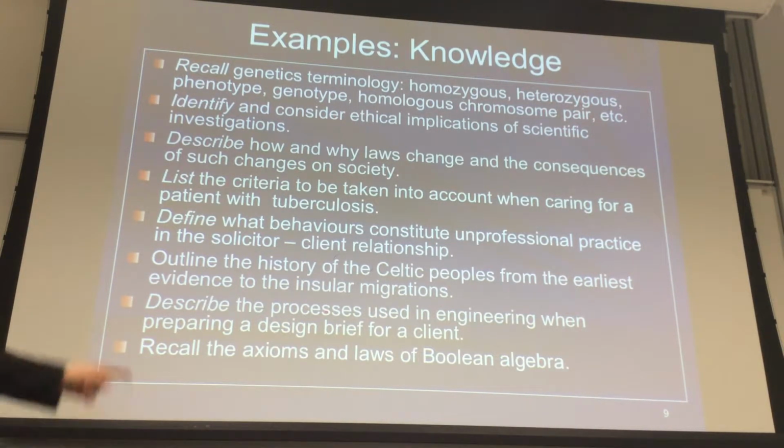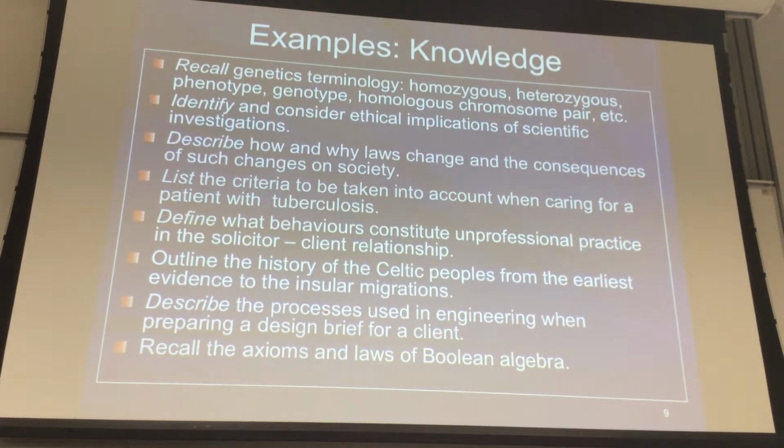Now I want you to look at all of those learning outcomes, and I want you to notice three things about them. Number one, they all begin with an active verb. And that is the basic criterion for writing learning outcomes: what the students will be able to do.